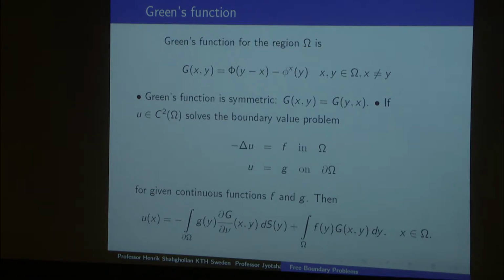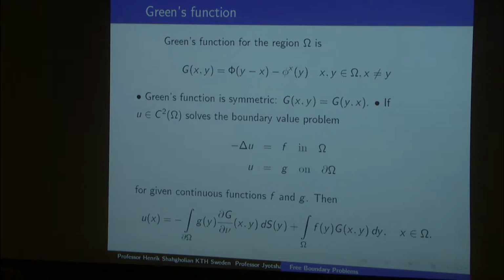So you subtract it and you get your Dirichlet condition on the boundary. One can easily see that it is a symmetric function. Just write it down. It is 1 upon mod x minus y to the power n minus 2, and you can see that.